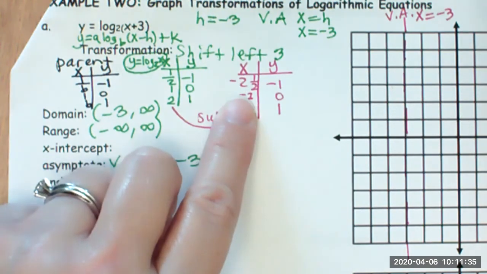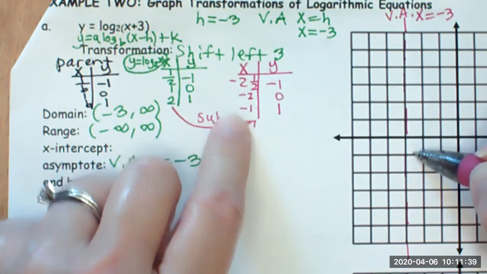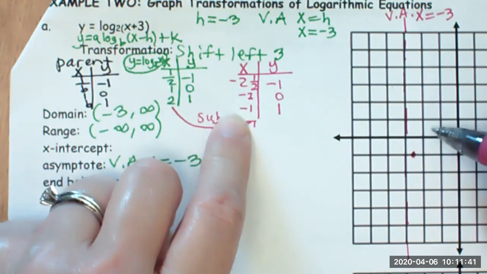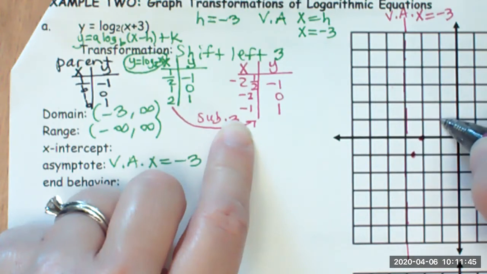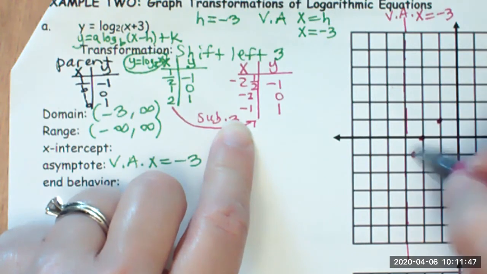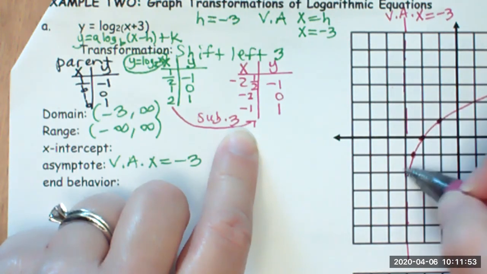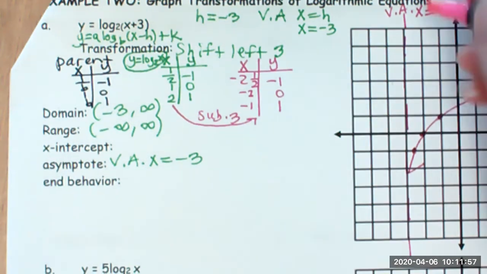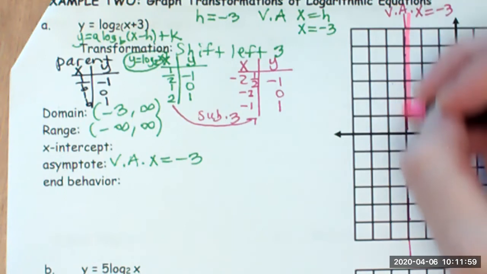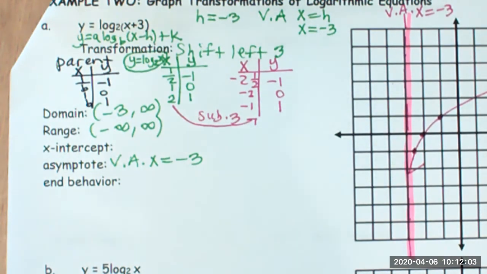And we'll go ahead and graph this. We've got negative 2.5, negative 1; negative 2, 0; negative 1, 1. And we'll use that vertical asymptote and draw the graph. If you want, you can also highlight this so that you can really see that asymptote there. Otherwise, just dash it in.